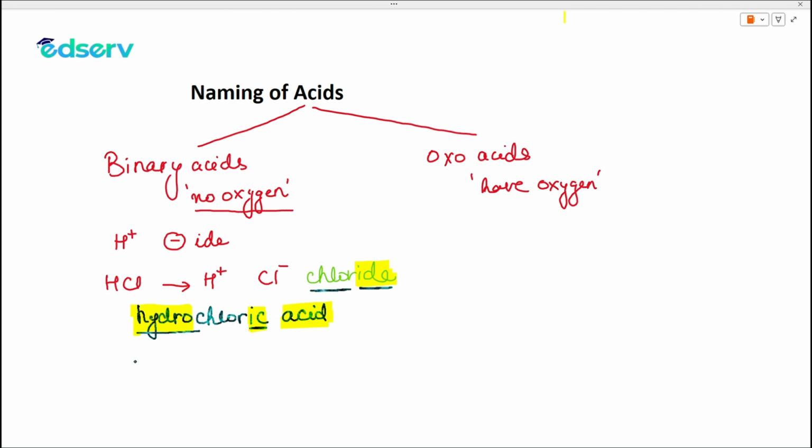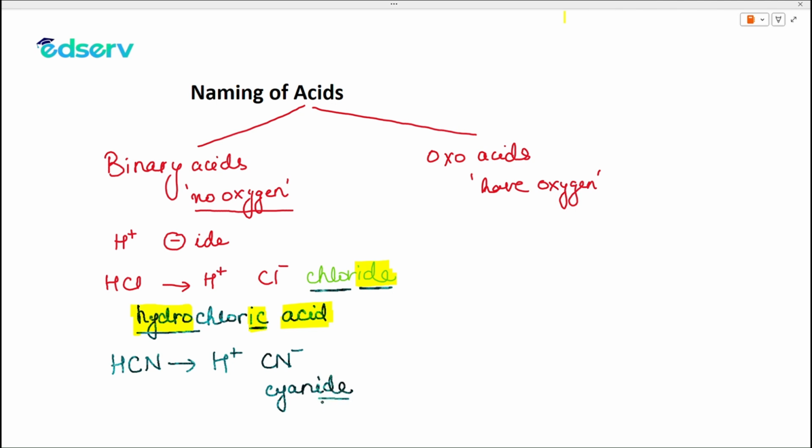Let us take another example. HCN. Again, let us break it down. This breaks down into H positive and CN negative. Now the CN negative, if you look into the polyatomic list, is called the cyanide ion.